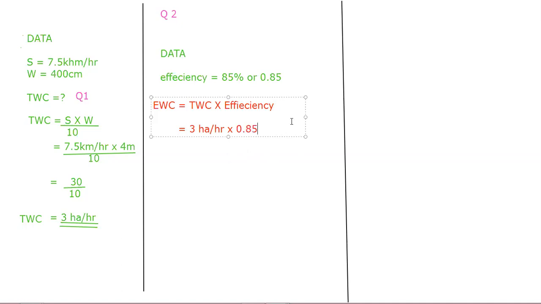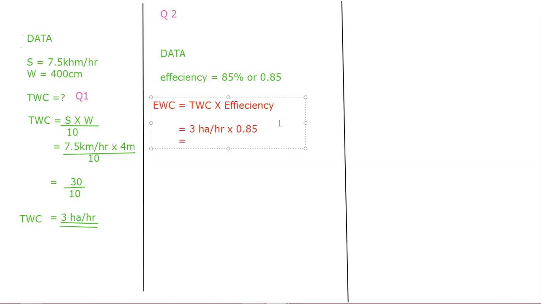Now, what will be the answer if we multiply 3 times 0.85? The answer will be 2.55.